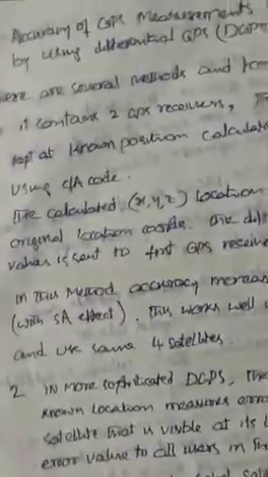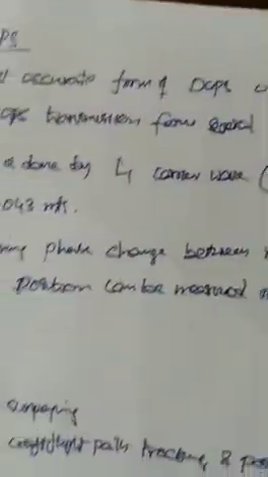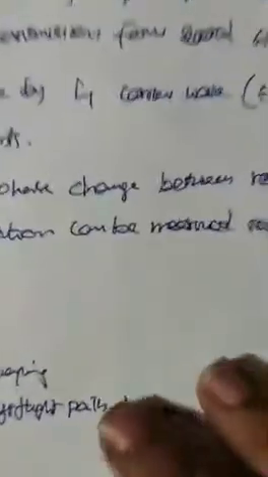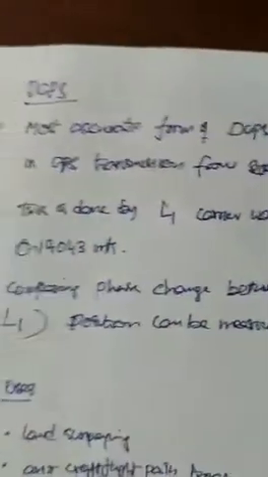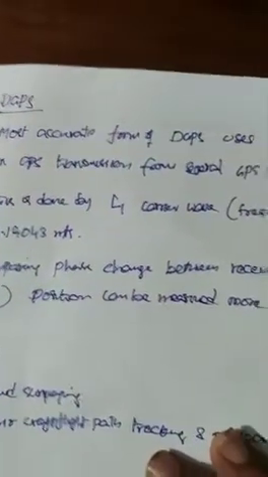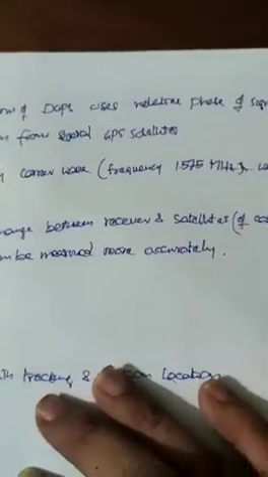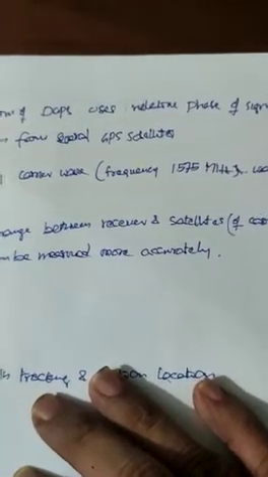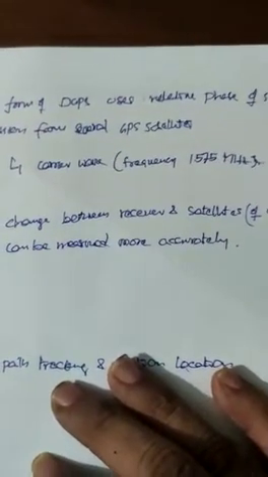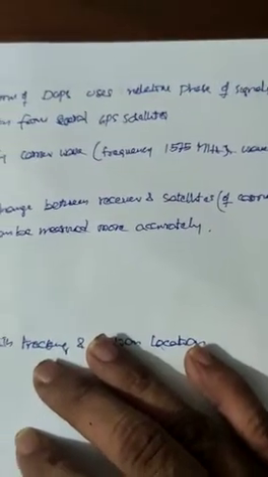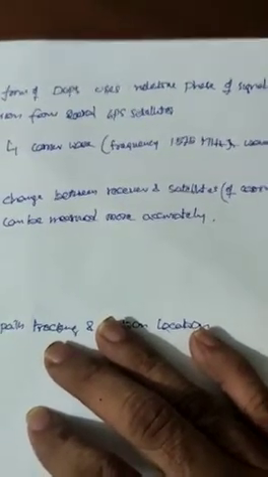And there is a third method, which is used widely. This more accurate form of DGPS uses the L1 carrier signal, and the satellite sends the signal from known positions.